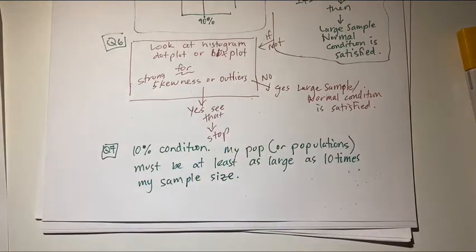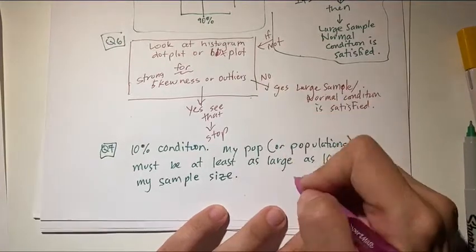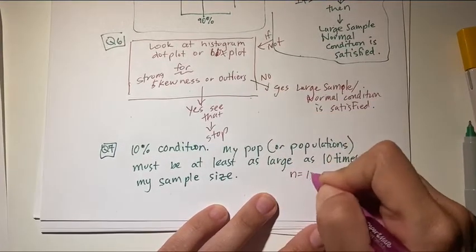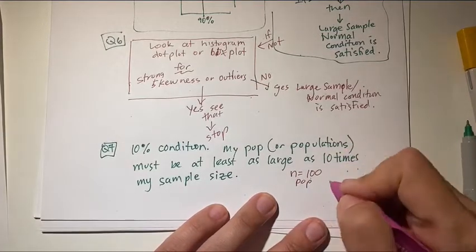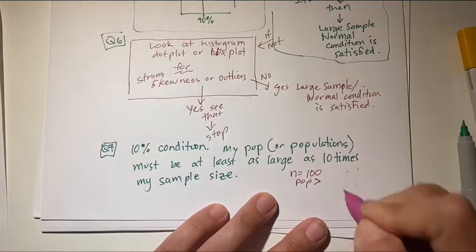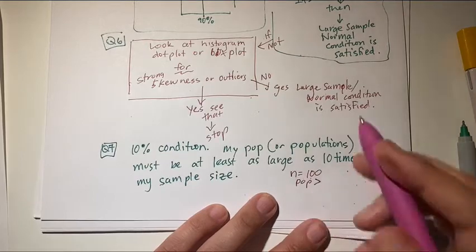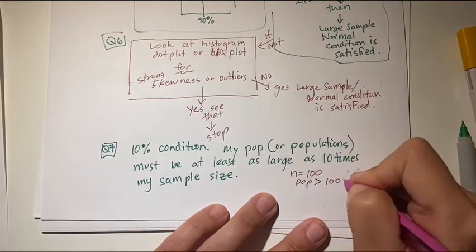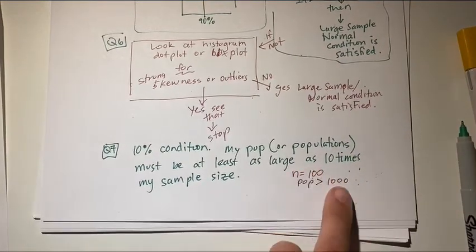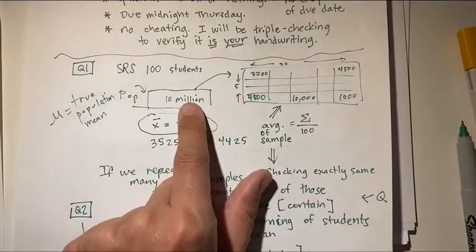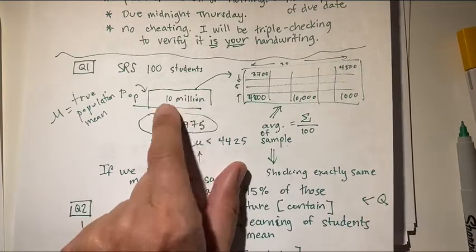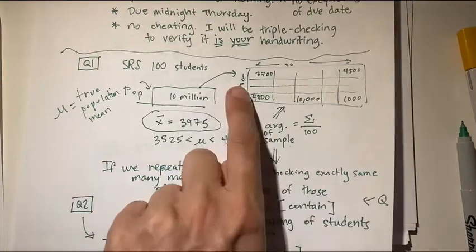Okay, so going back to question number 1, since our sample size was 100, then the population I'm interested in making an inference about must be at least as large as 10 times the sample size. So the population of students I'm talking about, I want to make an inference about the population of all students in America that have a job.